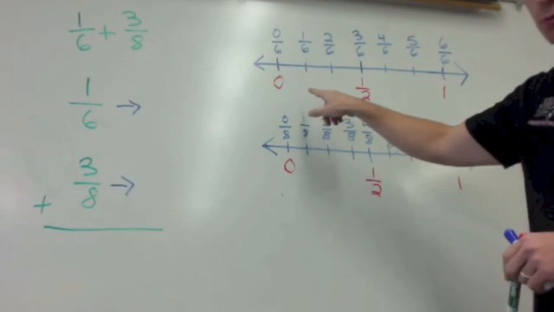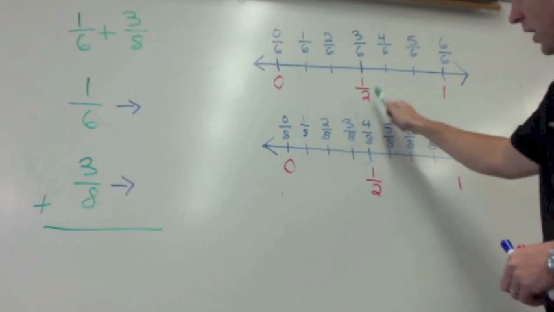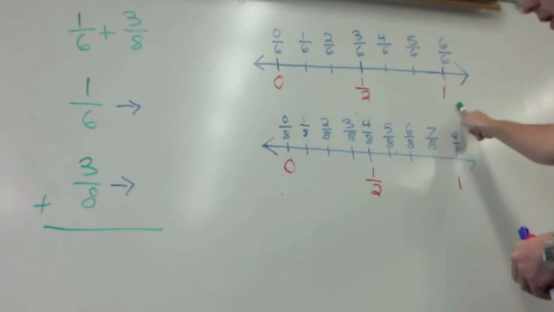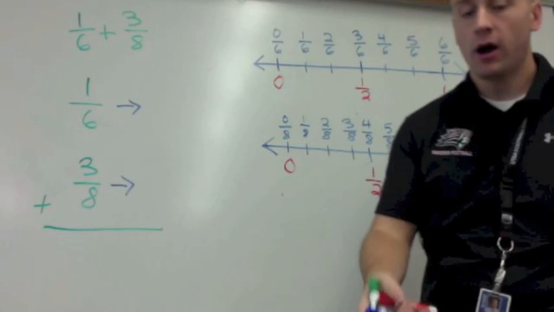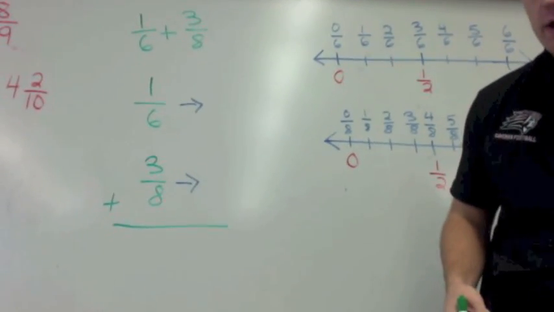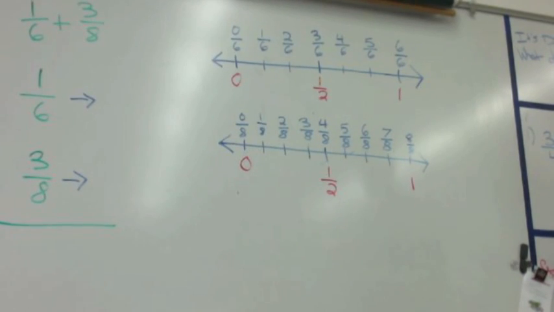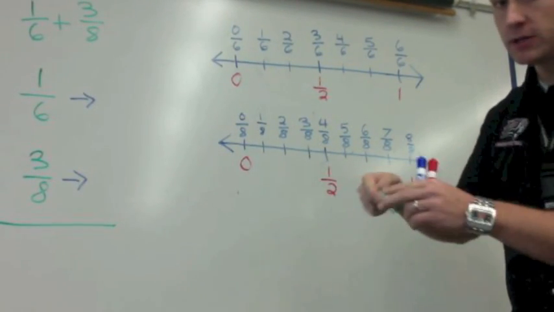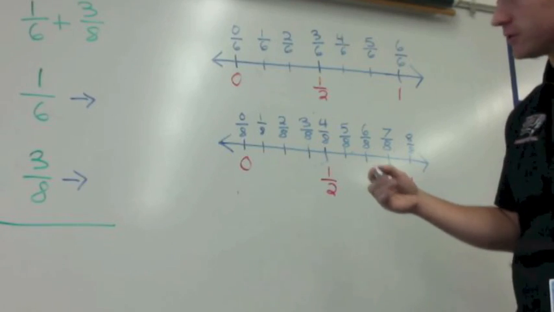The benchmarks we are going to use are 0, 1/2, and 1. These are the numbers that we are going to round our fractions to. So for 1/6, I'm going to mark it on my number line and find which benchmark it is closer to.